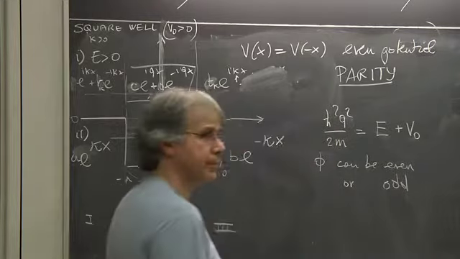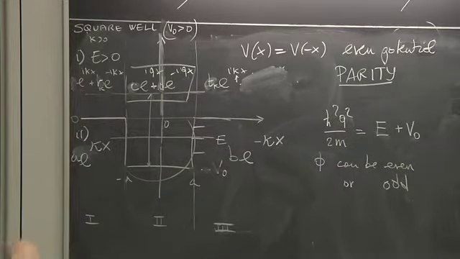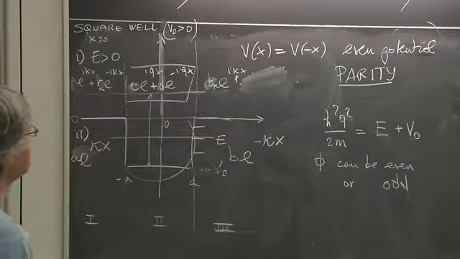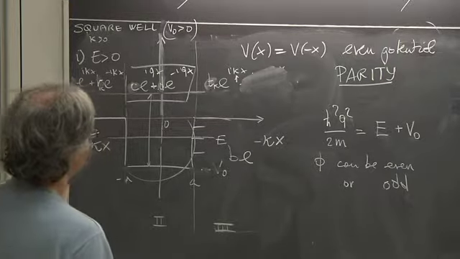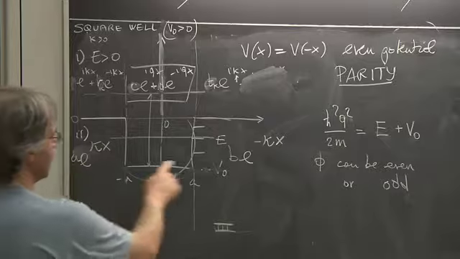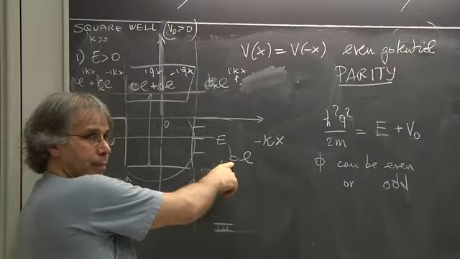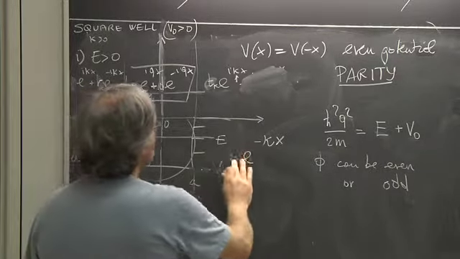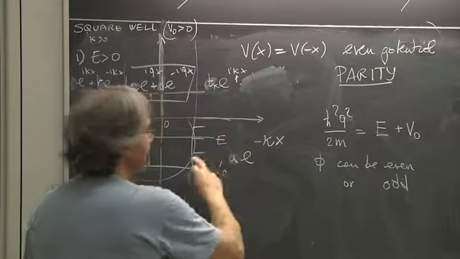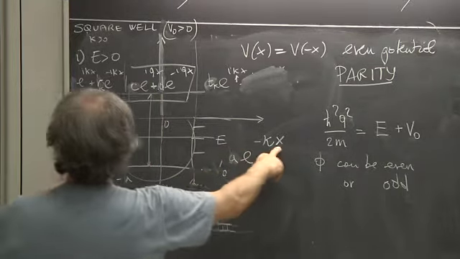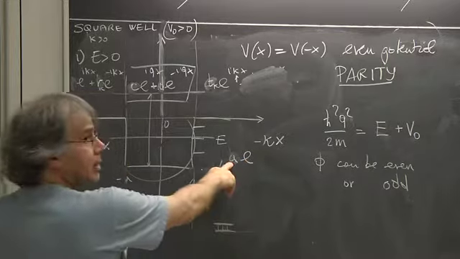Both. So let us look separately at solutions that are even or odd. This simplifies the problem considerably. For instance, if the solution is even, it means that A should be equal to B. Right? You realize why: because you change x into minus x, and the same coefficient should appear.